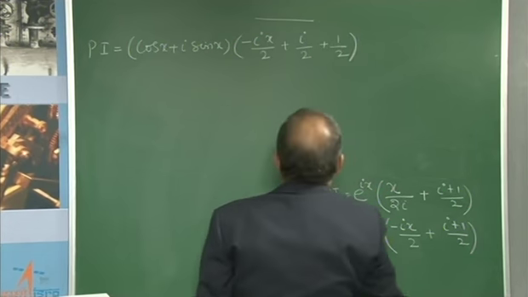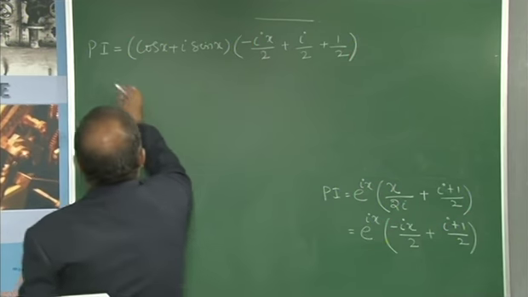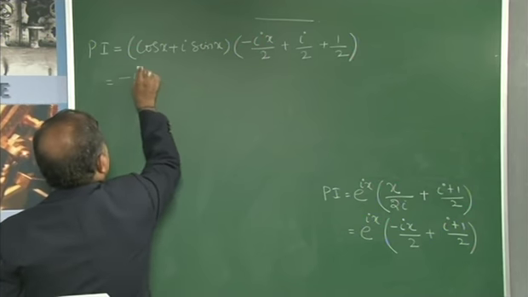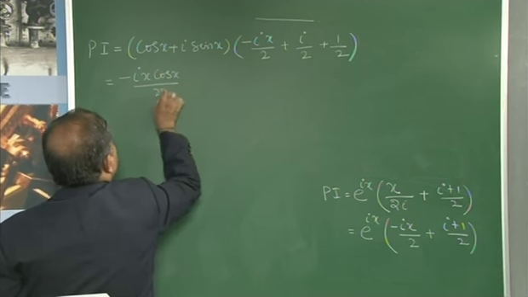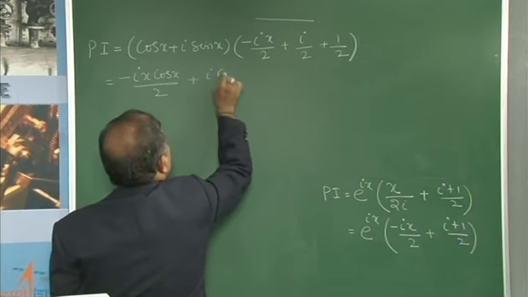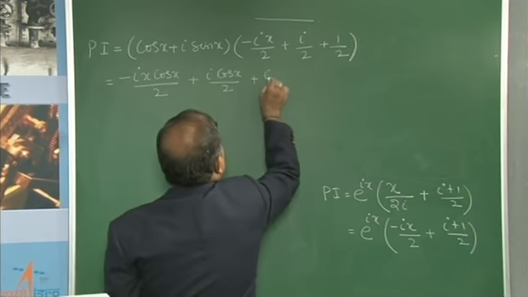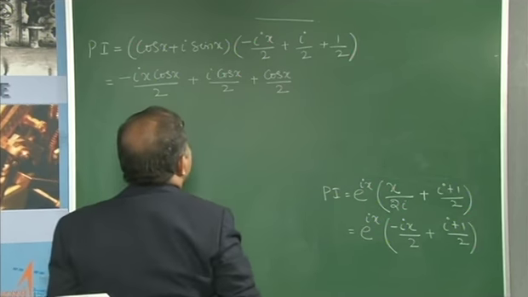Here it is separated, minus ix by 2, I by 2, 1 by 2. Now multiply 1 by 1 term, minus I x cos x by 2. First cos x is multiplied with all the 3 terms, I cos x by 2 plus cos x by 2, with cos it is multiplied.